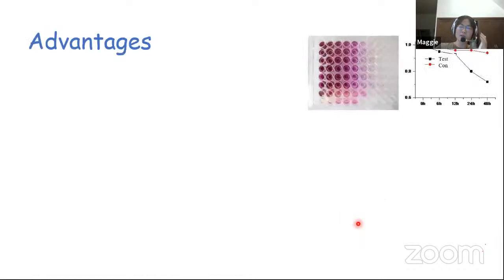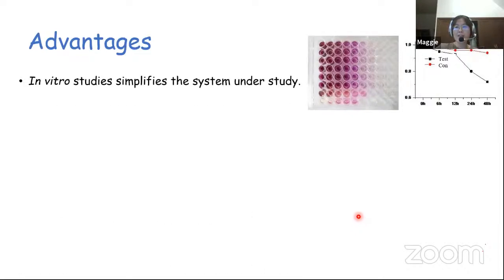So when you talk about the in vitro study, what are the most important advantages? I think in vitro studies simplify the system under study.